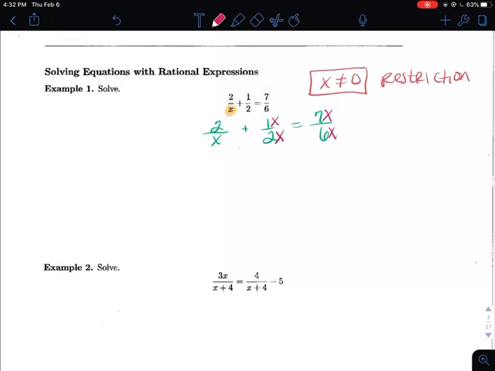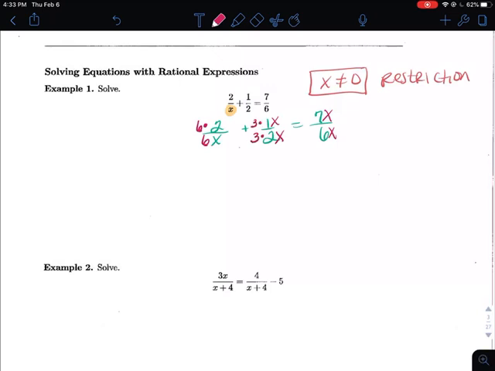Then I start looking at the numbers. I see a 2 and a 6. The least common denominator, the smallest number that both 2 and 6 can divide into, would be 6. So I want all my denominators to have a 6. So this would be a 6 here. That means I need to multiply the top of this fraction by 6. Well, if I multiply 2 times 3, that becomes 6.